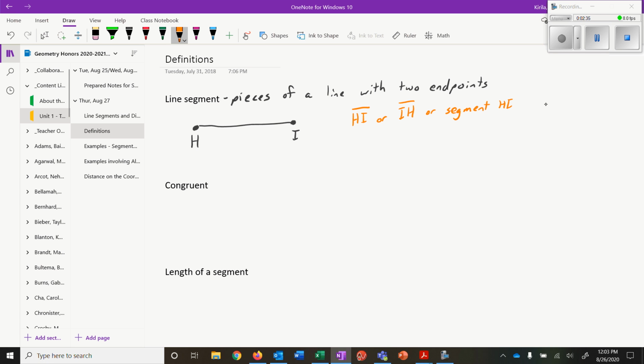I'm actually going to skip down here to length of a segment. If I wrote just this with no symbol on top, this means the length of segment HI.